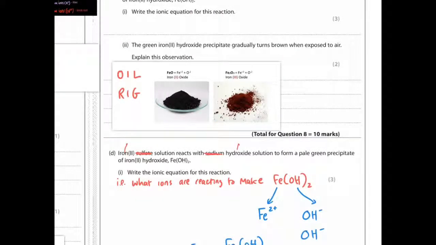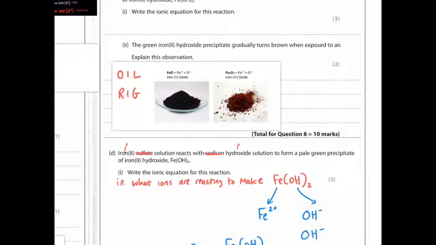The green iron 2 hydroxide precipitate gradually turns brown when exposed to air. Explain this observation. So you have to give a reason for why it's occurring. If you remember, this is an oxidation reaction, OIL RIG. Oxidation is loss of electrons, reduction is gain of electrons. So if it's an oxidation reaction, we're losing electrons.